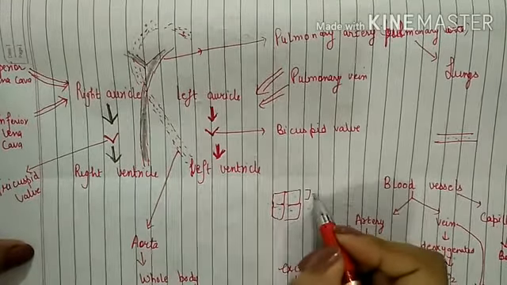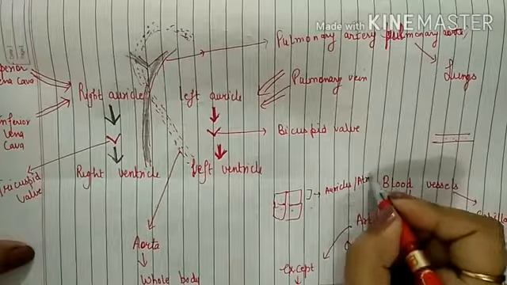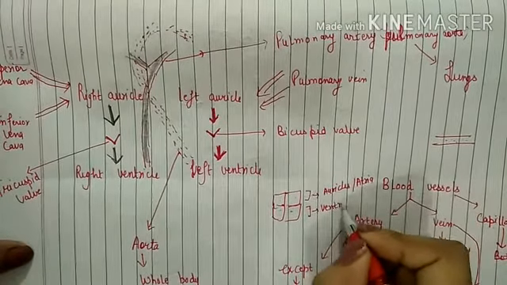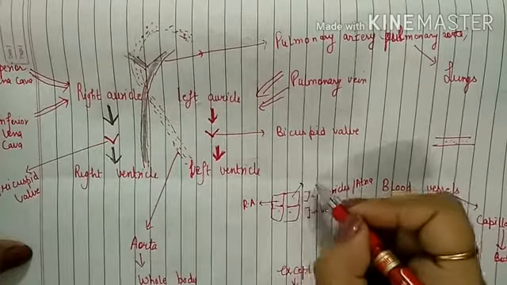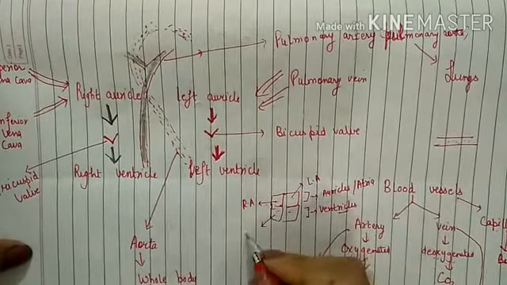The upper two chambers are known as auricles or atria, and the lower two chambers are known as ventricles. If we name these chambers, you should remember this is the right auricle, then the left auricle, and the lower two chambers are again the right ventricle and left ventricle.